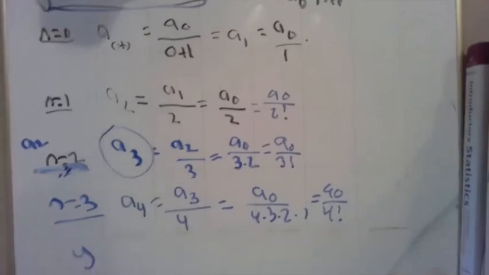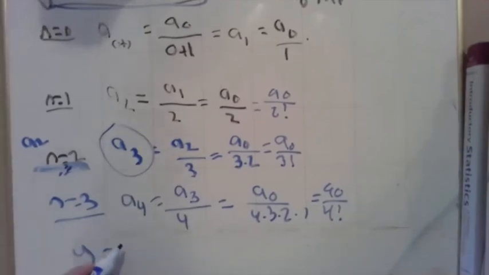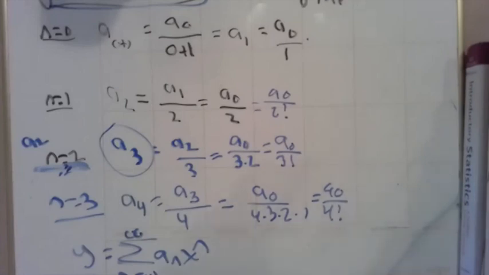So y, my function, is going to be, remember, the sum n equals 0 to infinity a sub n x to the n. These two will always match. So my first one is always going to be A0 every single time.